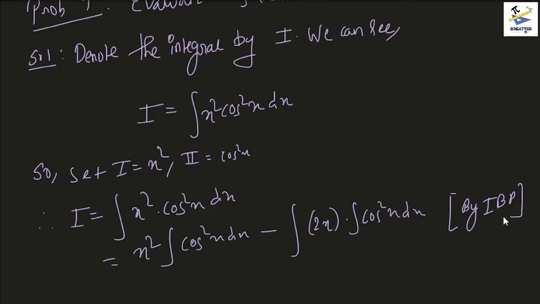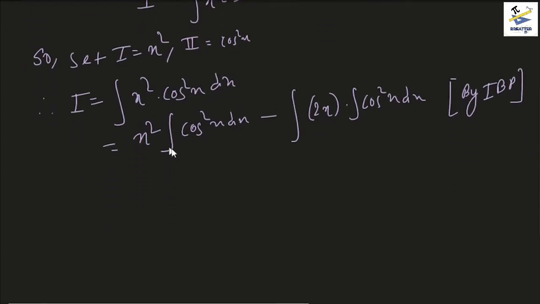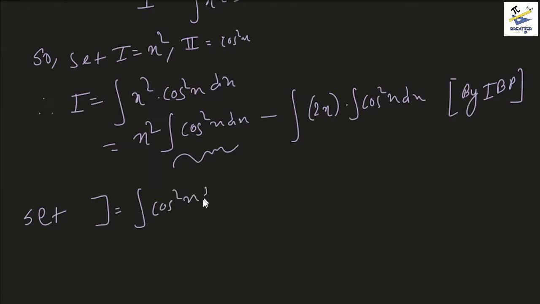Okay, now we need to find out what this integral actually evaluates to. So set J equals the integral of cos square x dx. Now we find that cos square x is basically (1 plus cos 2x) by 2, so J is the integral of (1 plus cos 2x) by 2 dx.